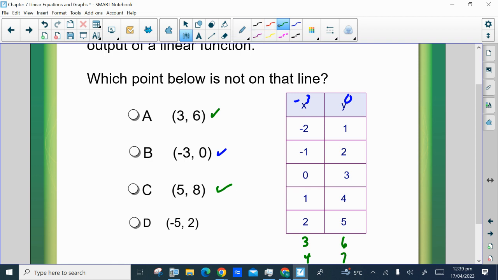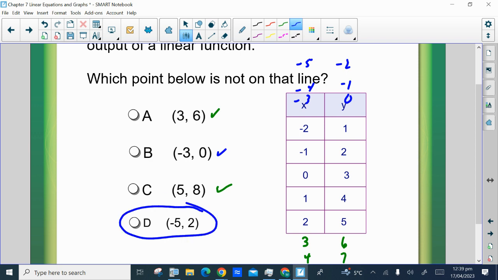So to check that, we will continue going up the table. So if you decrease 1 from negative 3, you'll get negative 4, and that'll be negative 1. And then negative 5 will be negative 2, not positive 2.